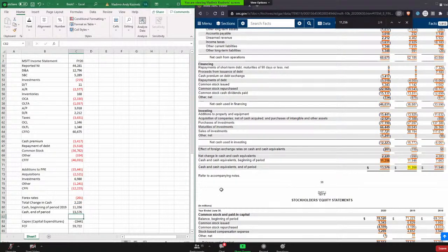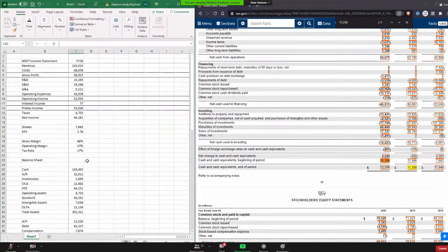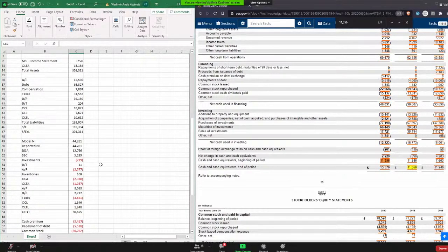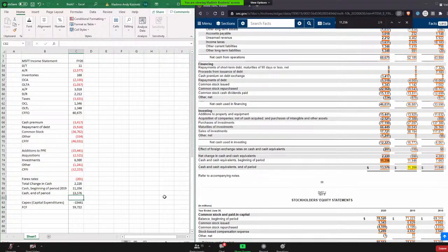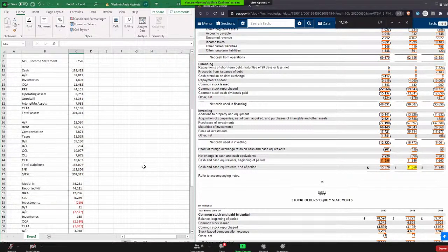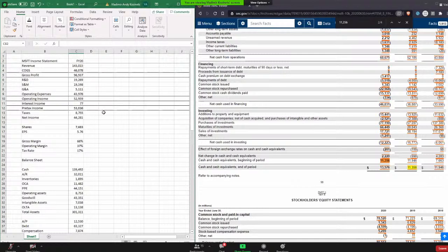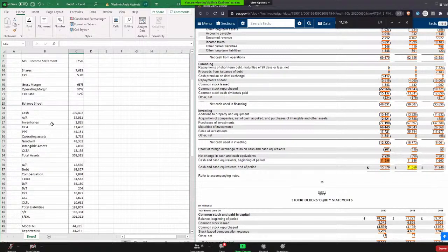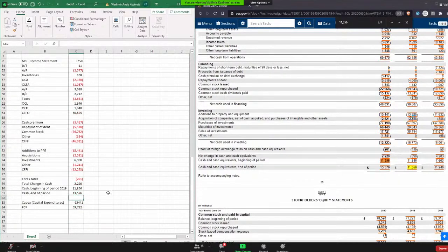And you get the cash. It's the same. So now we have completed our three financial statements for Microsoft. And yeah, we can use this for further modeling to determine discounted cash flows, discount rates, everything good. So this is just the first introduction class on what everything means and the three financial statements, how to model them.